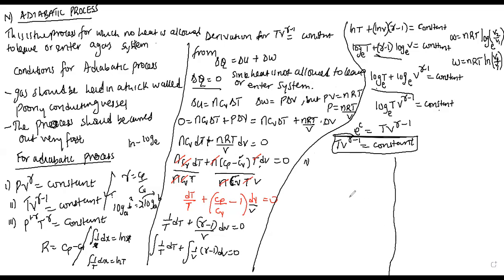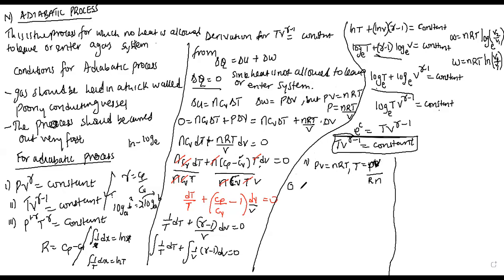And for equation 2, still we can see that PV is equal to nRT, whereby T is equal to PV over nR.